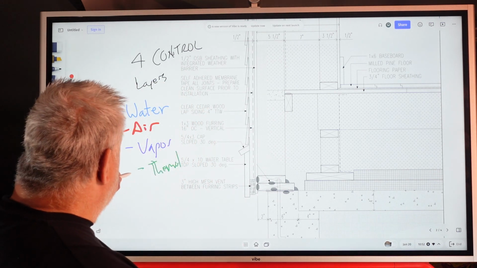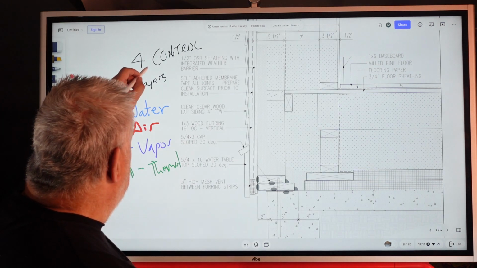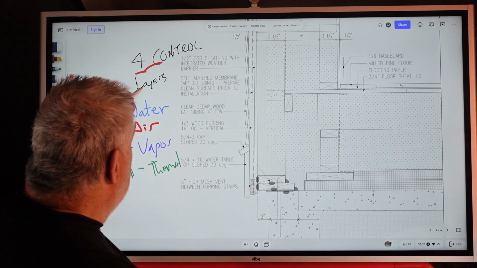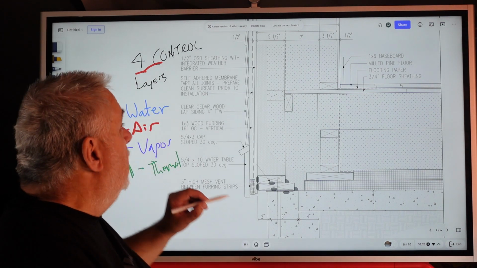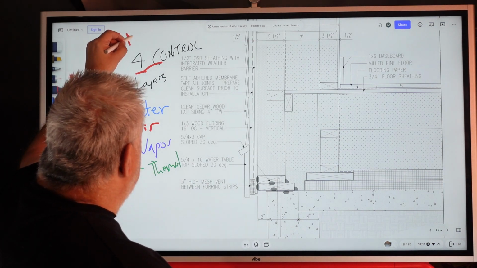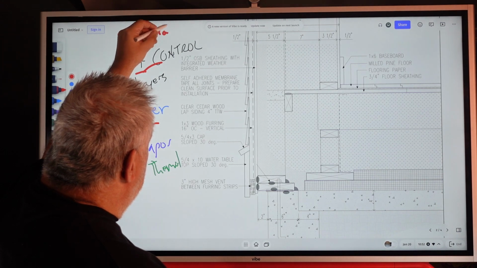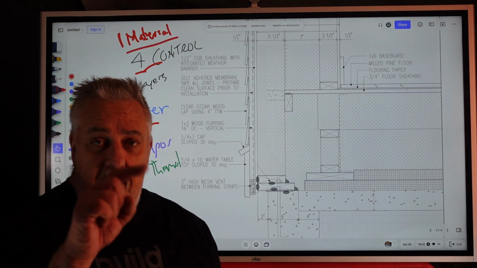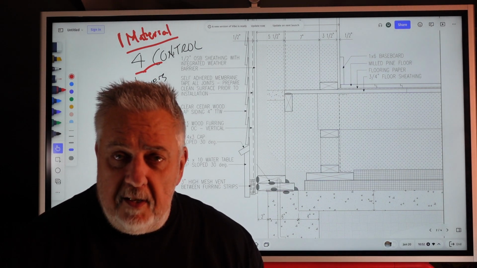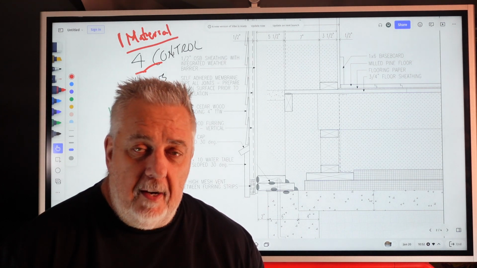There's a part of the house where all 4 of the control layers, all 4 of them, are being conducted by one material.